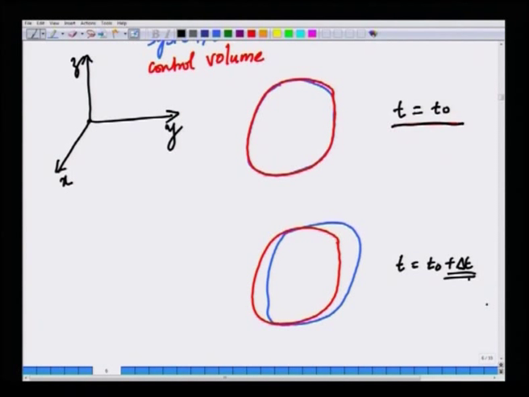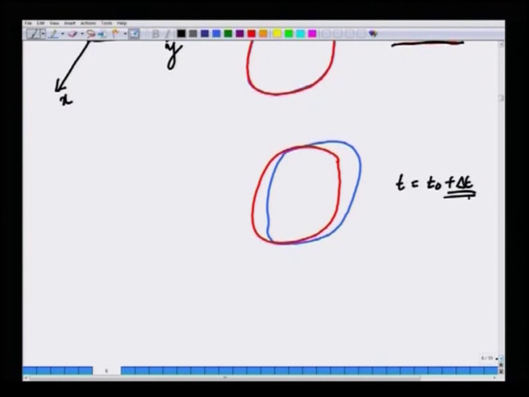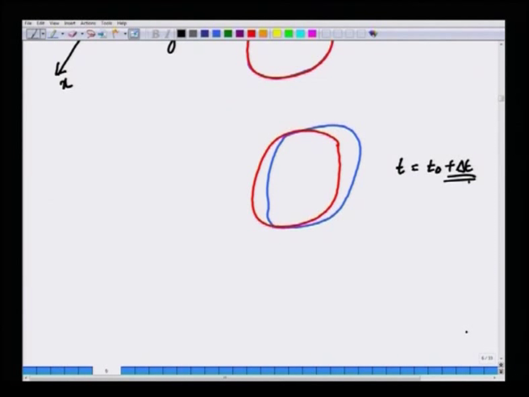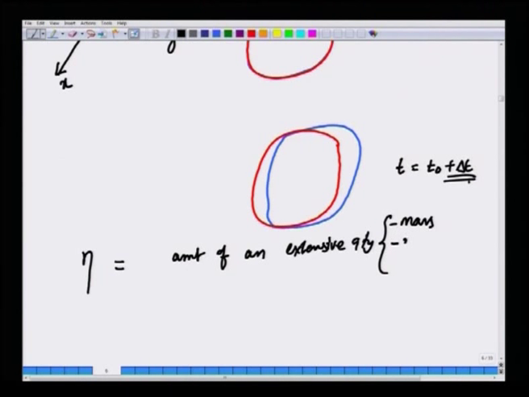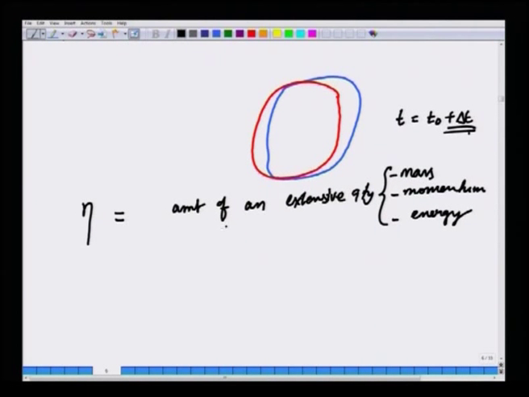To derive the Reynolds transport theorem, let us call N the amount of an extensive quantity such as mass, momentum and energy of the fluid that is present in the control mass, and eta that quantity per unit mass.